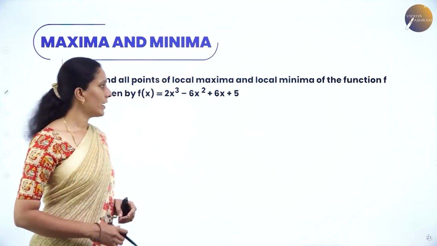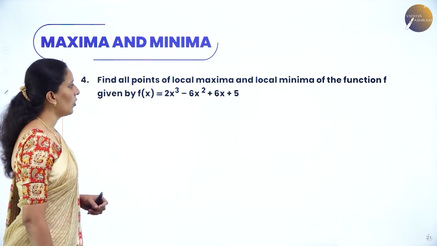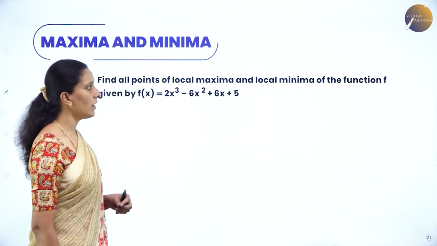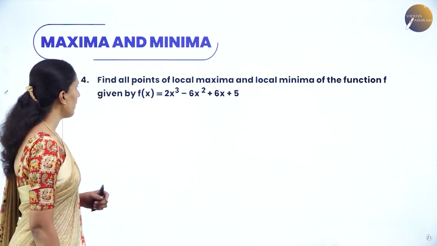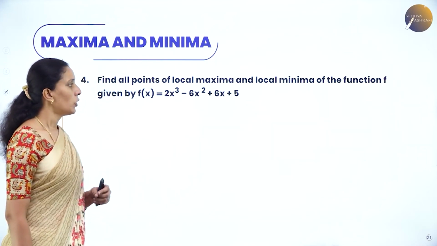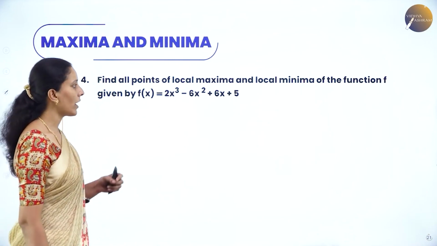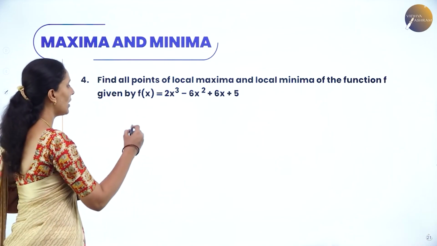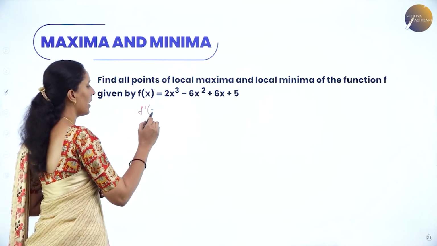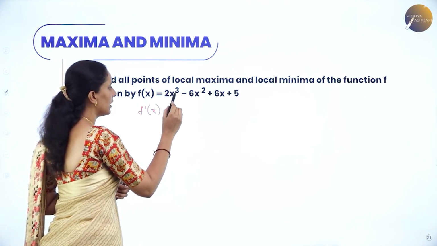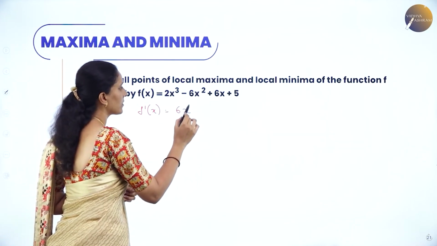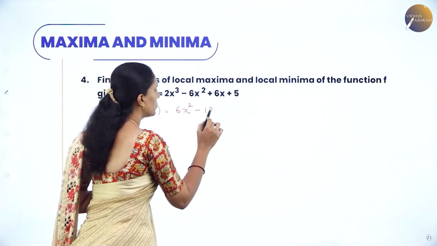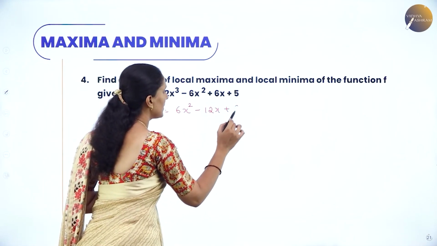So the next question we have: find all points of local maxima and local minima of the function f given by f of x is equal to 2x cube minus 6x square plus 6x plus 5. So let's take f dash of x. f dash of x becomes 3 twos are 6x square minus 12x plus 6.